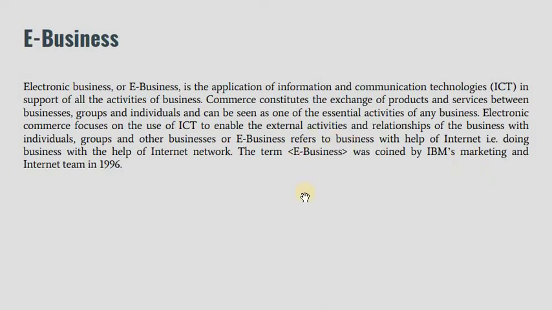So this concept of e-business came in the year 1996, and soon after development of various technological advances, various ICTs came about, and soon e-commerce came into the limelight, right?